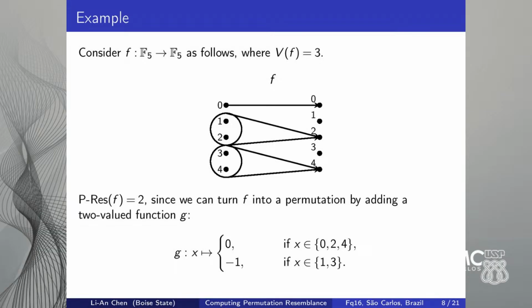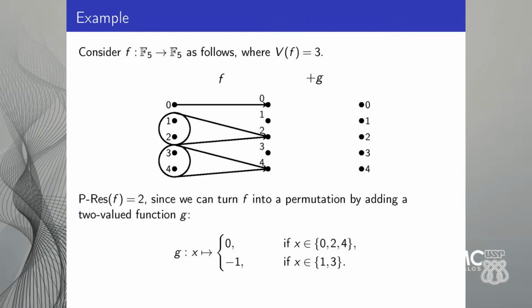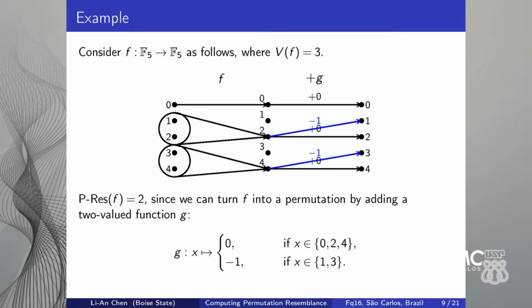And how does this work? g takes 0, 2, 4 to 0. So if I do f plus g, then overall I still have this image of f. And then if x is in 1, 3, then g will take these to -1. So in this way I cover the missing 1 and 3. So overall g plus f is a permutation.